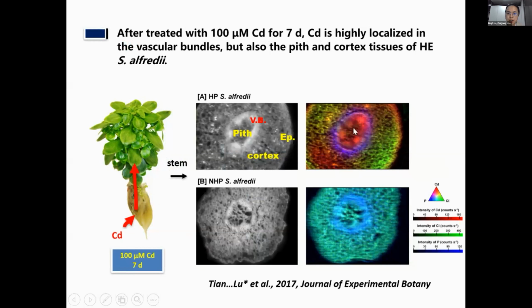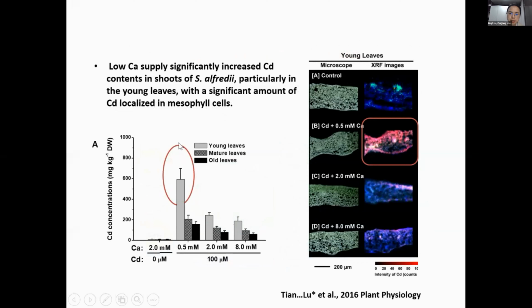And we found something very interesting: when we treated the plants with very low calcium, the cadmium was much higher in the younger leaves, which means that cadmium may trigger the remobilization of calcium from the old leaves to the young leaves. And this was confirmed by the XRF imaging of the cadmium.